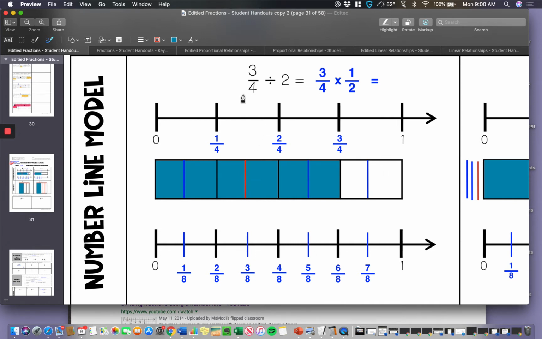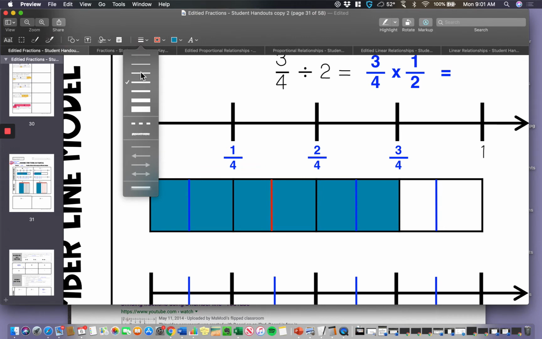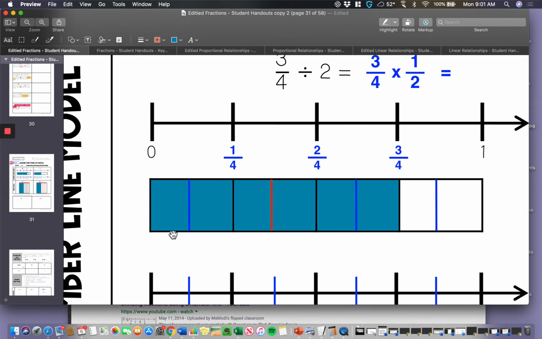And the question really is, what is 3/4 divided by 2? Well, the shaded region here is 3/4. So the thing you should be looking at here is, what is half of 3/4?